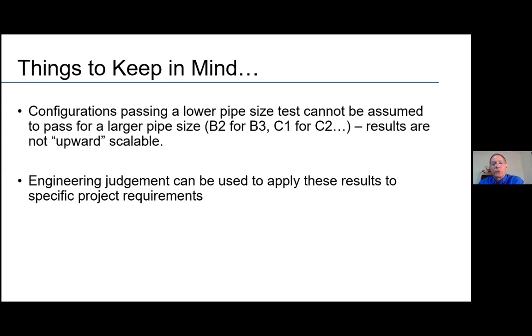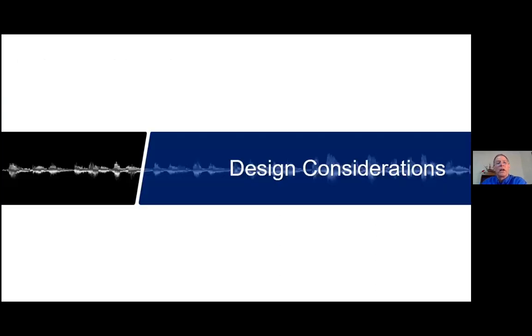So results are not upward scalable in terms of the pipe size. And then you also need to keep in the back of your mind that engineering judgment can be used to apply these results to specific project requirements. So you can take a look at the noise reduction performance that you get out of a B3 system and make an engineering judgment to determine where you might be able to apply that system and meet the noise reduction requirements that you have.